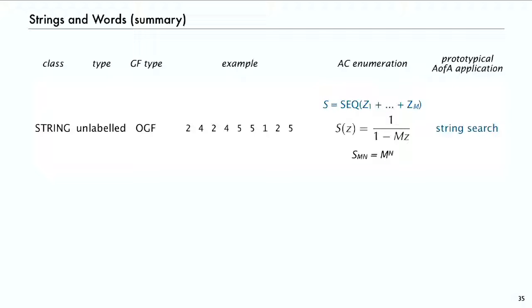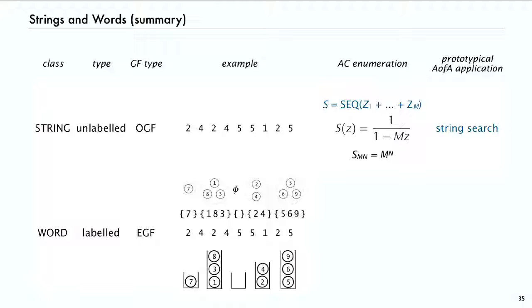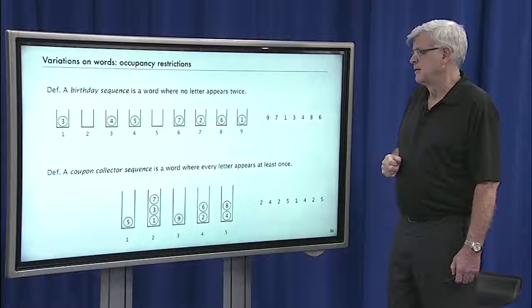And we use that to study algorithms like string searching algorithms. Whereas a word is labeled objects, it's exponential generating functions, it's sets of objects, but you could also write it as a string. The construction is a sequence of sets of objects of size m, and we get the same count, and we use that to study hashing algorithms and more generally occupancy problems in combinatorics.